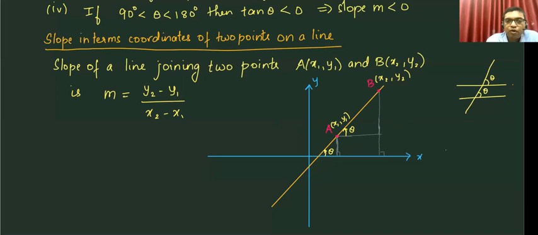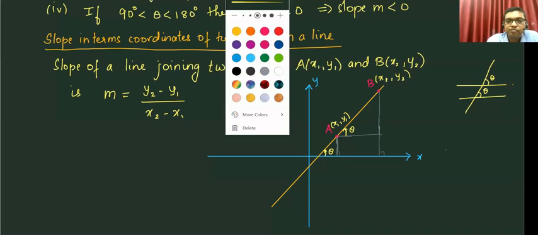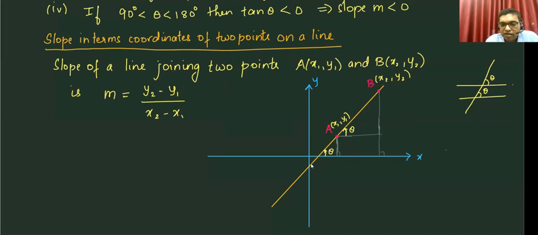Now, what is this length? See, this whole length from the origin to this point, say A dash B dash, we can write.